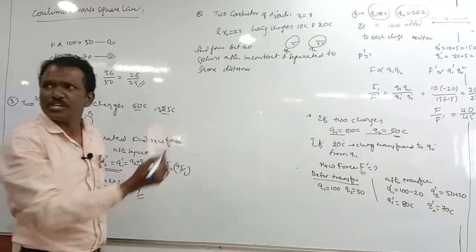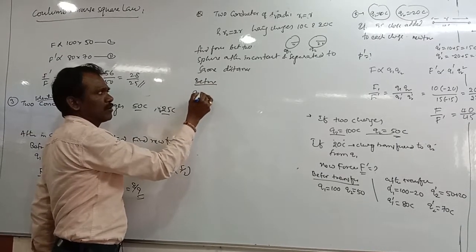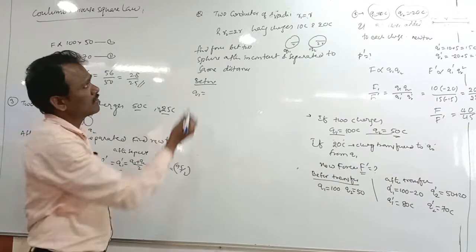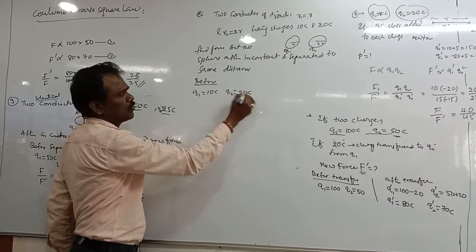What is the charge before contact? Q1 is 10 coulombs and Q2 is 20 coulombs.